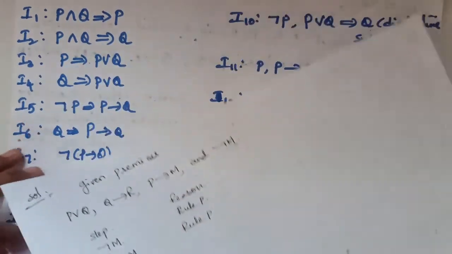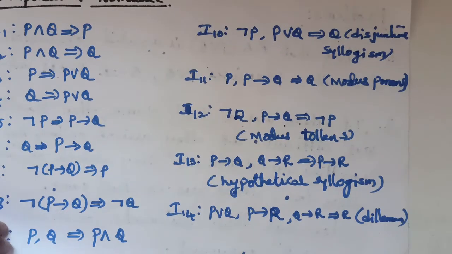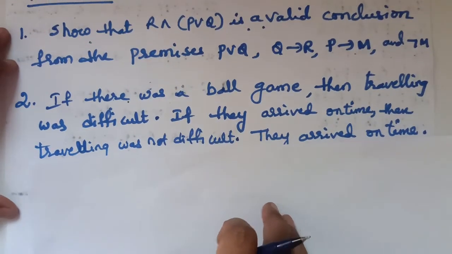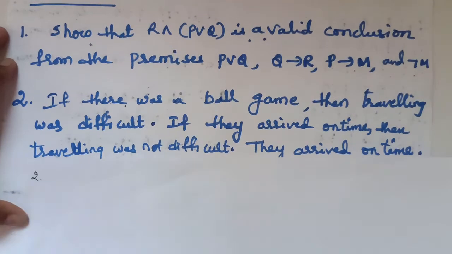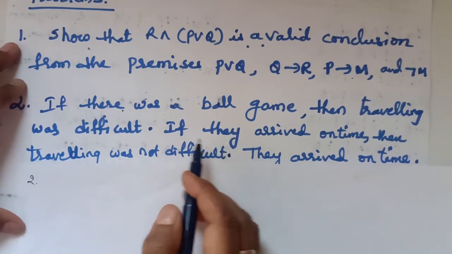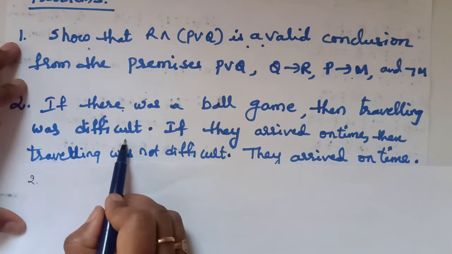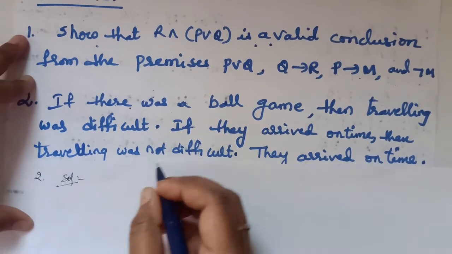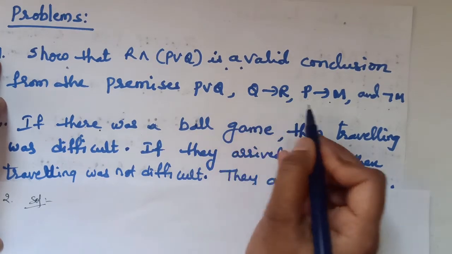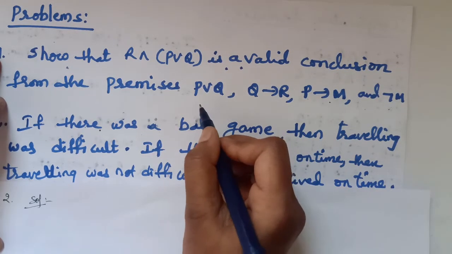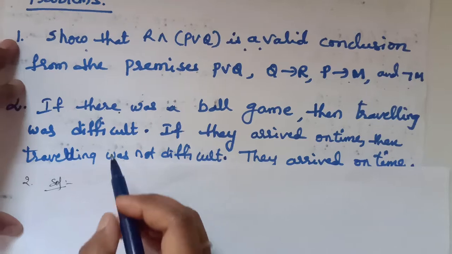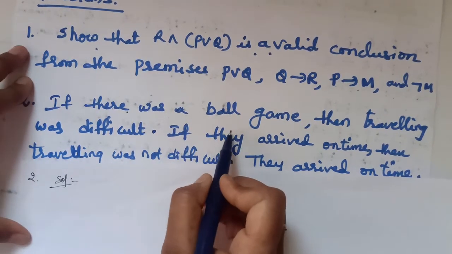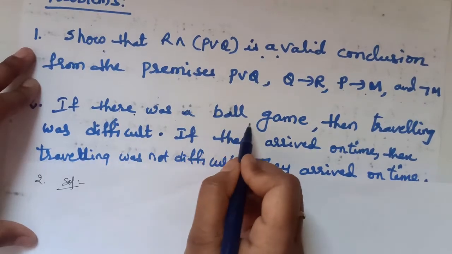Next, second problem. If there was a ball game, then traveling was difficult. See here, in the previous problem they gave premises directly, but here you should make premises by using propositions.